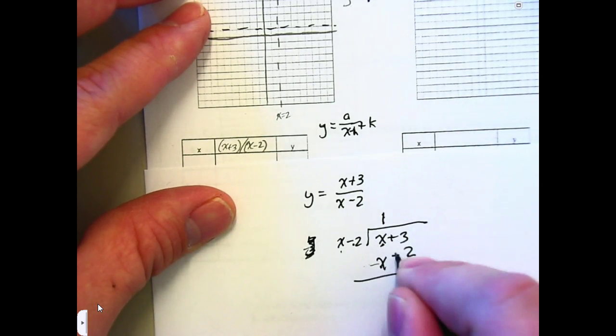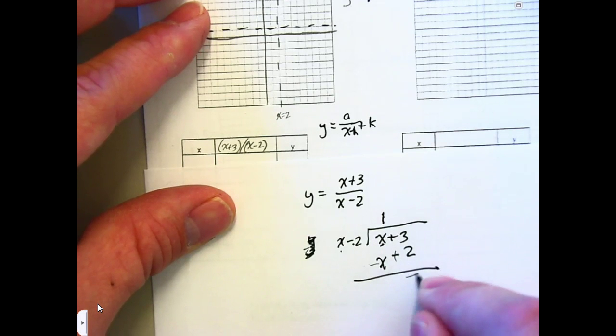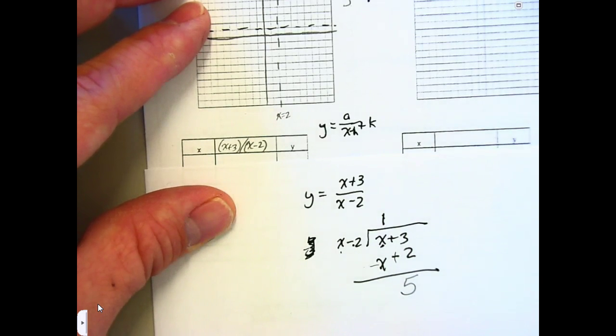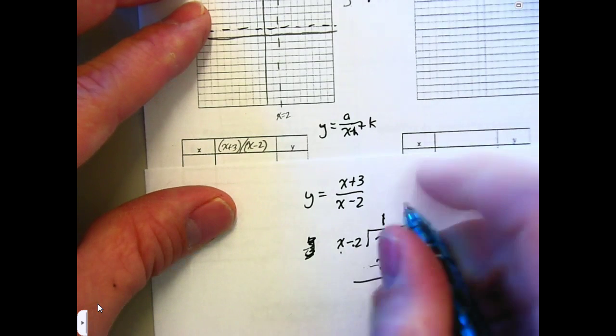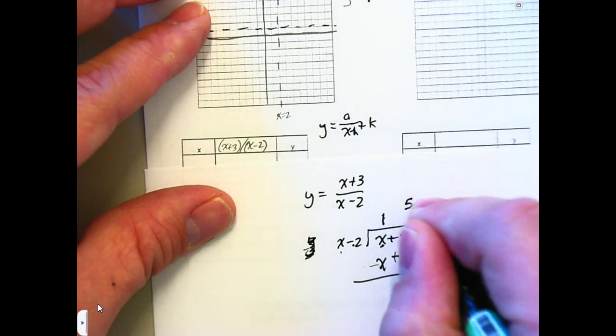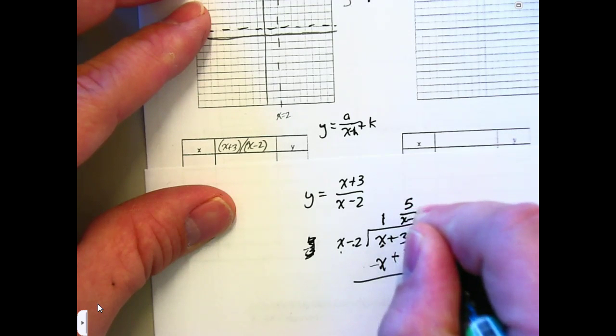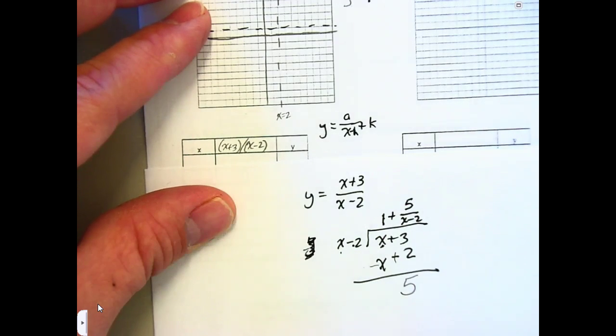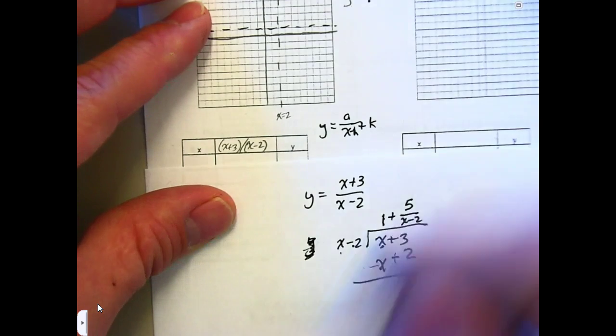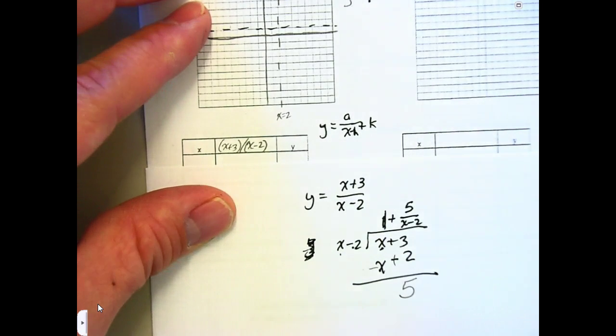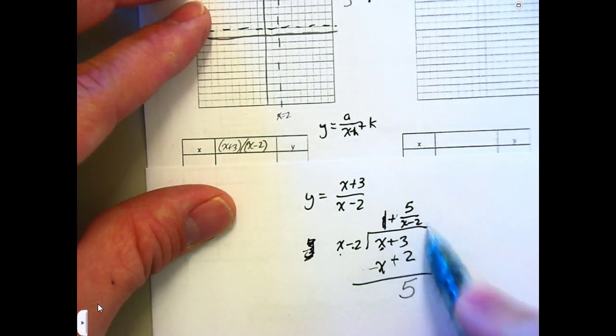So that becomes negative and that becomes positive. So I get a remainder of 5. That's 5 over x minus 2. All right. Everyone see the h and k?